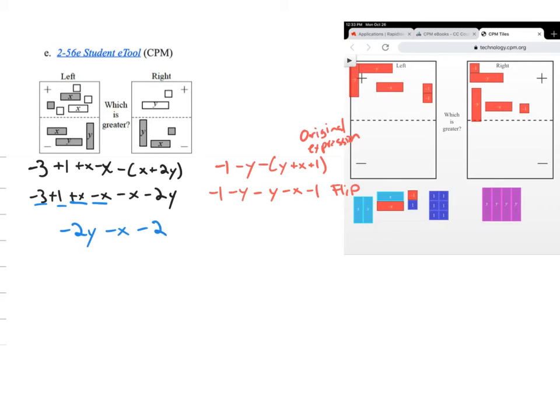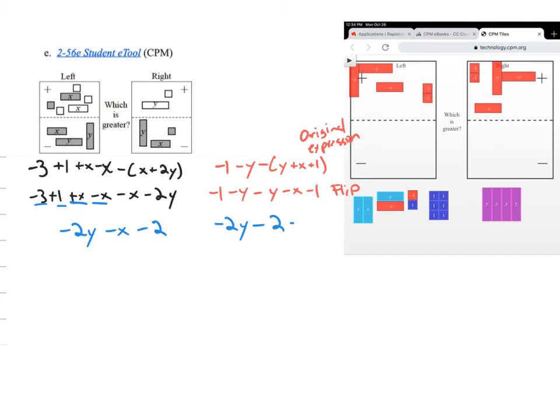So if you want to write those as plus a negative y or plus a negative x, you can. I just don't like to write the multiple signs, so I'm just going to write them as all negative signs. Then on the right side, I've got a negative 2y, and I've got a negative 2 of the cubes, and I've got a negative x.